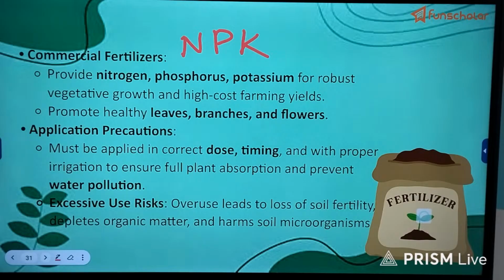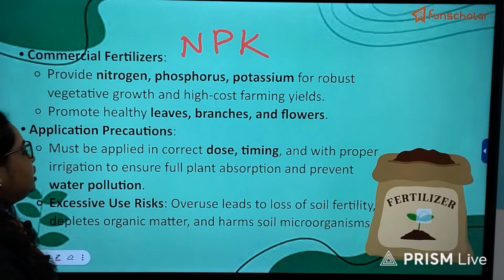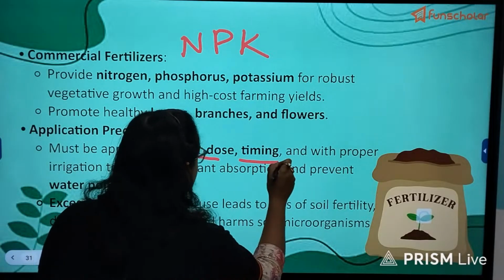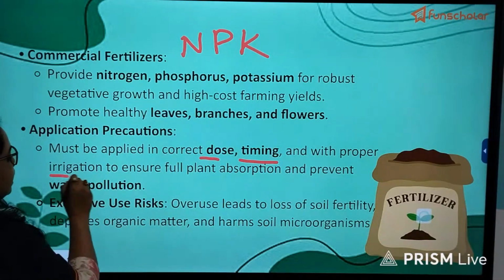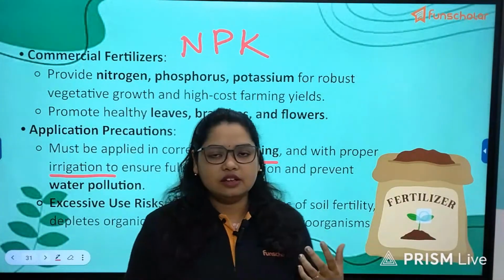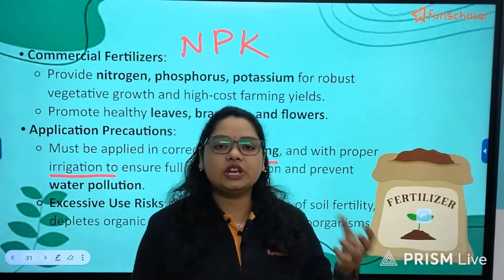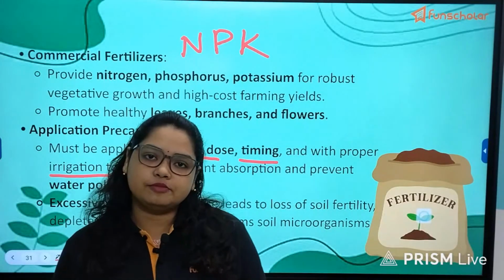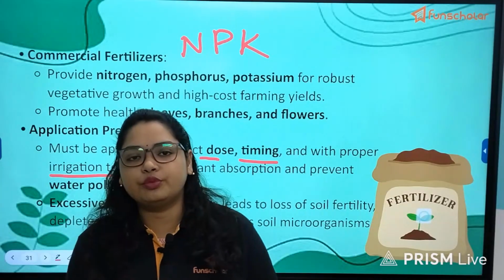The application procedure is that we need to apply fertilizer in the correct dose at the correct time and with proper irrigation, so that whenever we supply the fertilizers, they should be dissolved in water properly, because the plant absorbs the minerals along with water only.